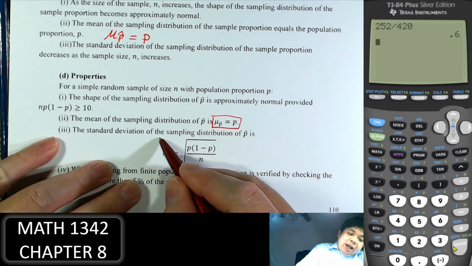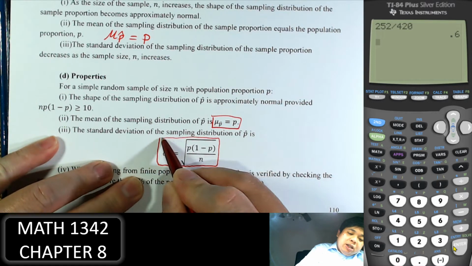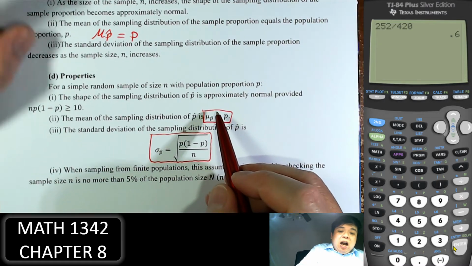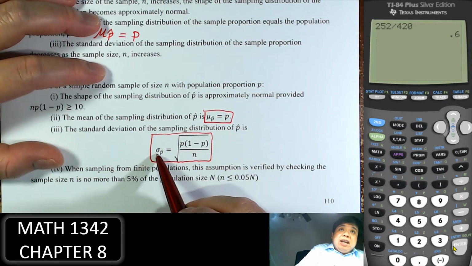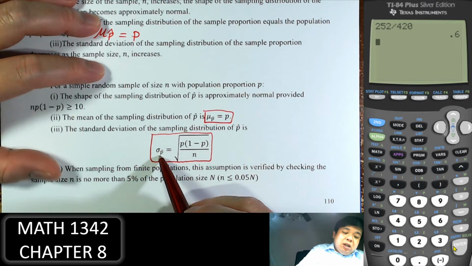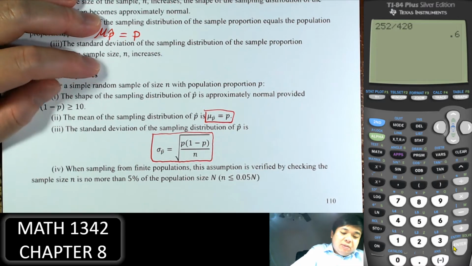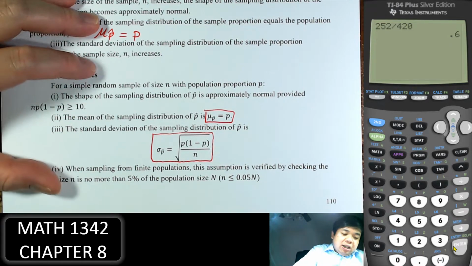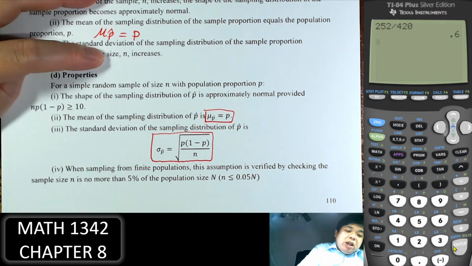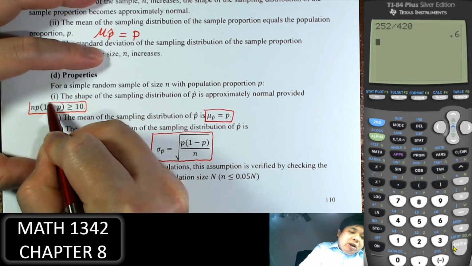So the bottom line is we will calculate the mean of the sample proportion and the standard deviation of the sampling distribution of p hat. But for all of that we require the shape to be approximately normal, meaning n times p times 1 minus p has to be greater than or equal to 10.